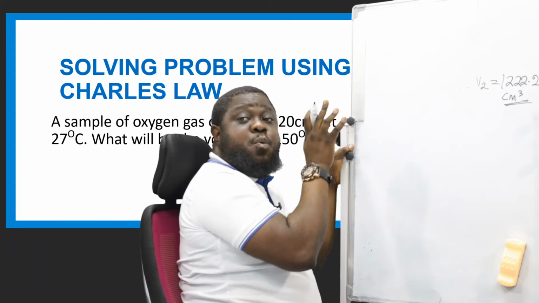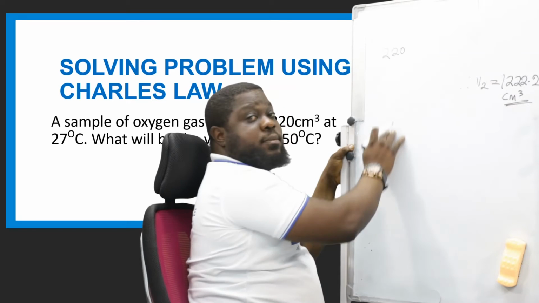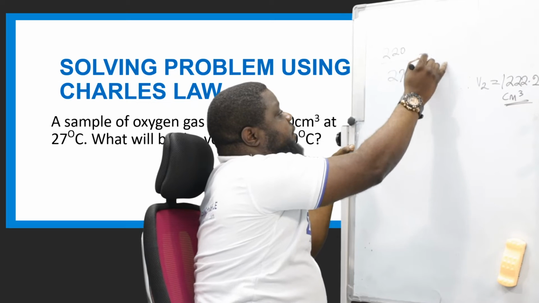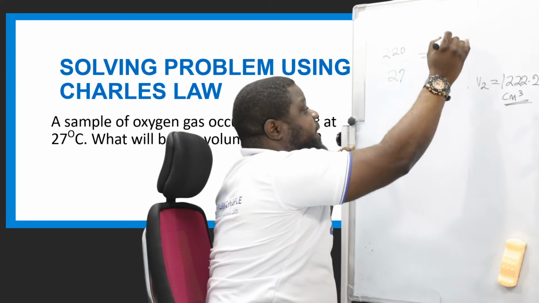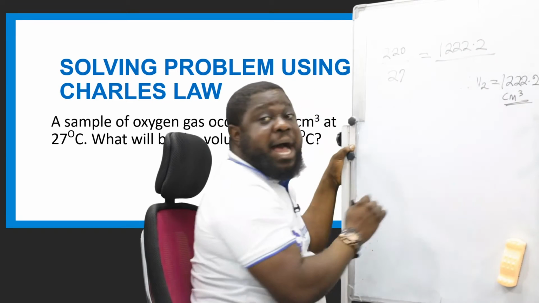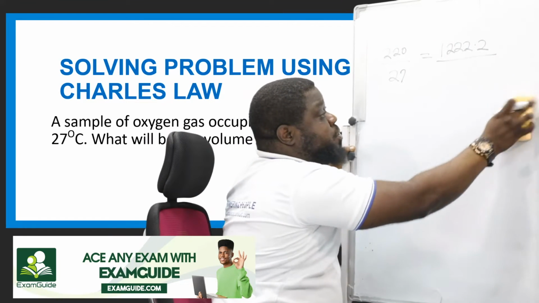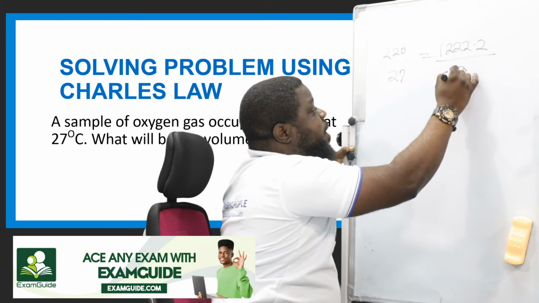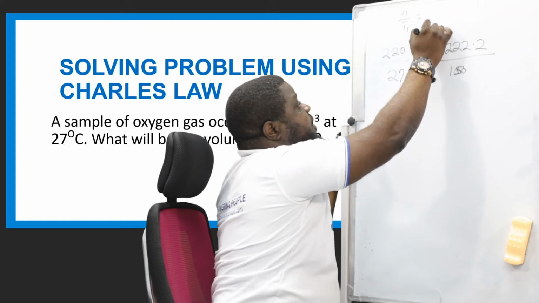Our V1 is 220 and our T1 is 27. Then our V2, which is our answer, is 1,222.2, divided by our T2, which is 150.